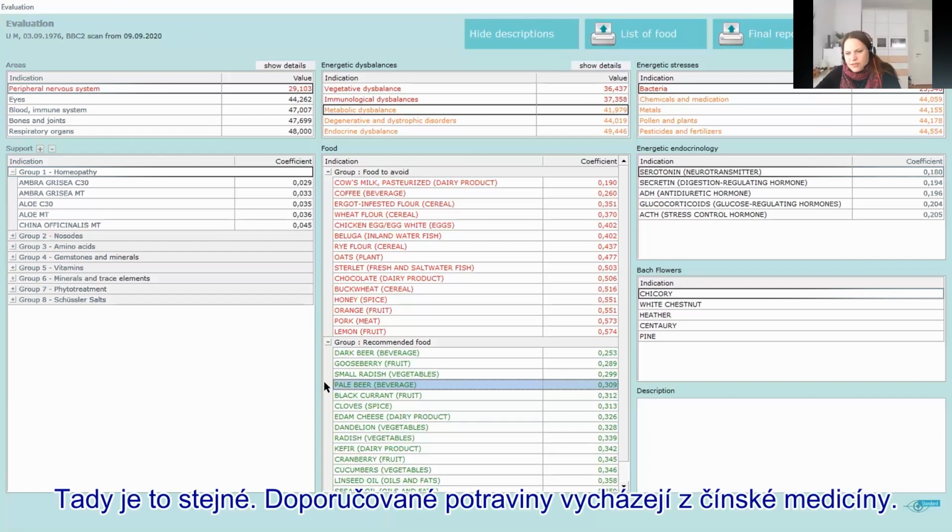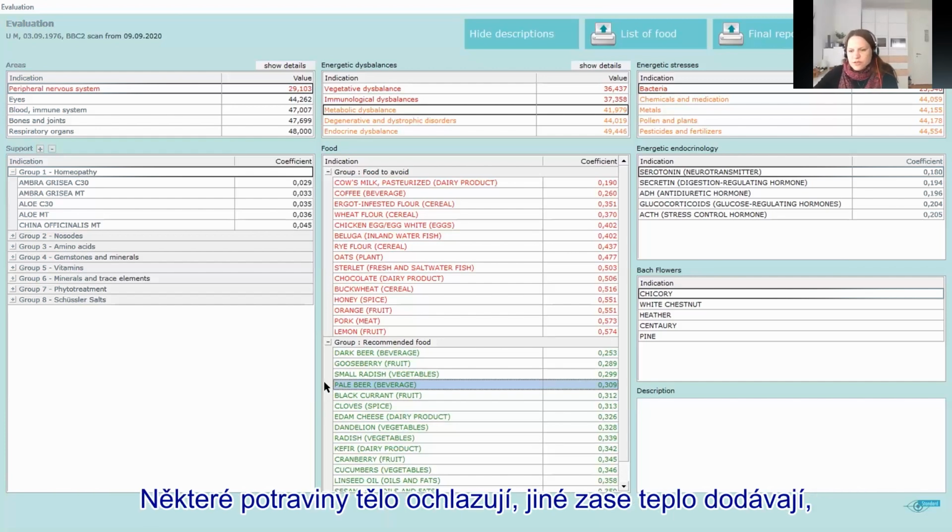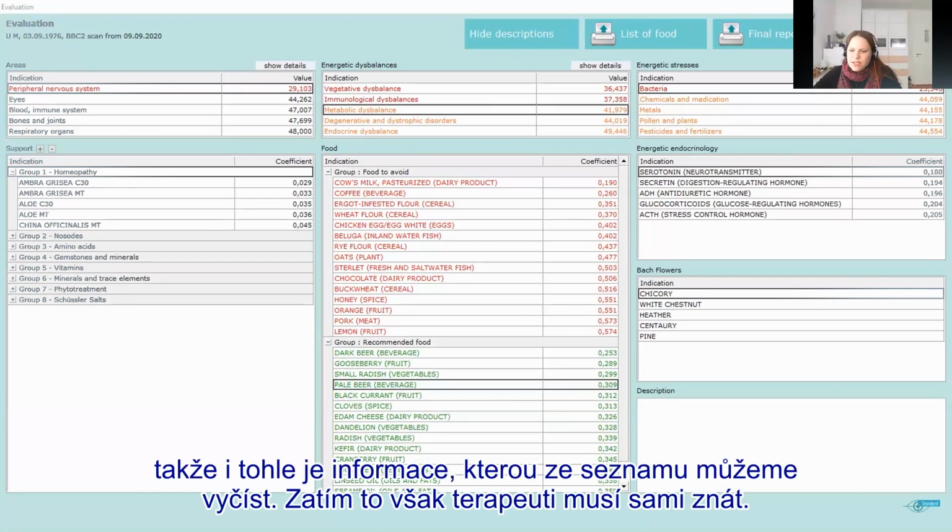Here in the food list I recommend the Chinese medicine information about foods. So there we have the thermic idea. Some foods cool the body down, some foods bring more heat to the body. So this is what the food list gives us as information too.